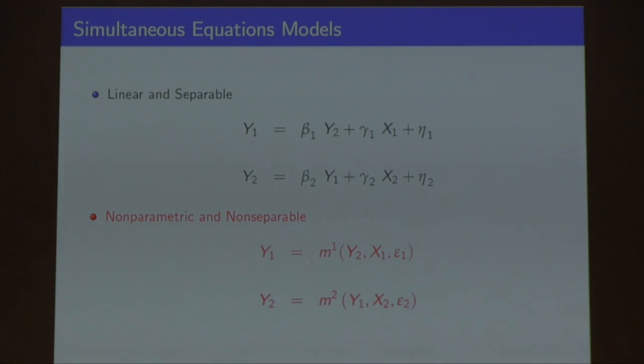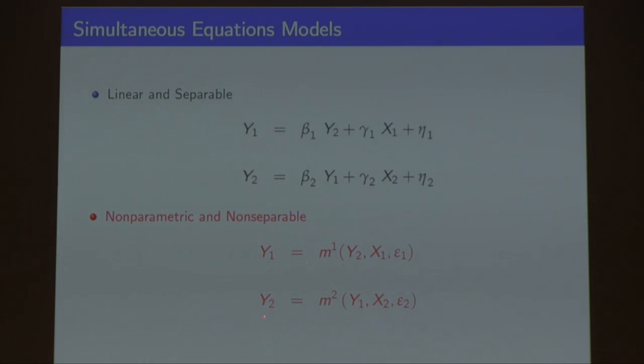If you think of y1 as the quantity demanded, y2 as price, x1 as income, and epsilon 1 as taste for the product, so we have this model. The more we like the product, when everything is fixed, the more people are going to demand the product. And then the second equation is the supply.